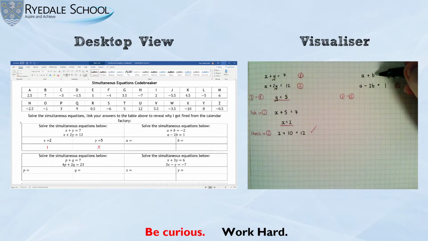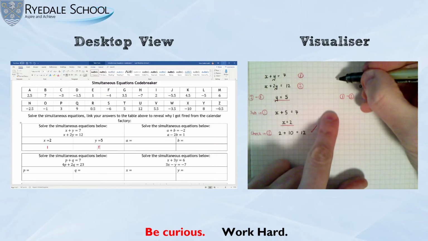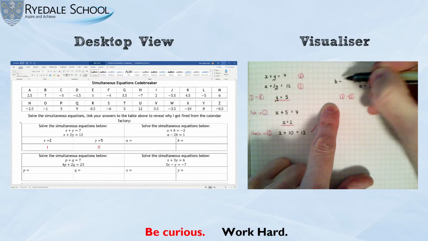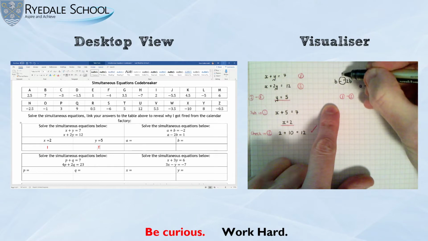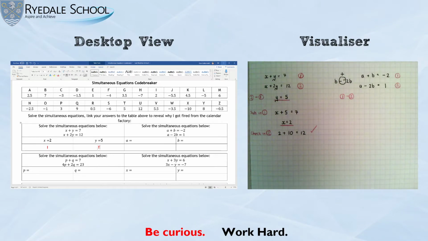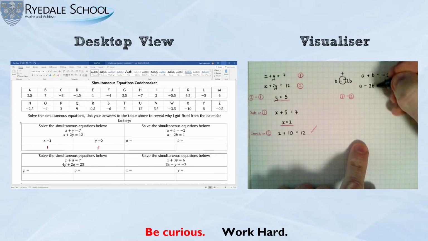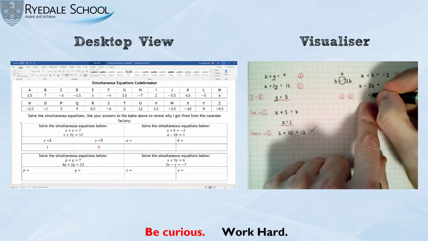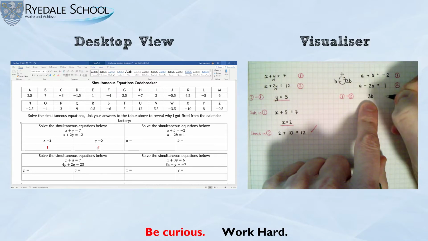So I am doing b take away negative 2b. Could even write it out if you wanted me to. I'm doing b take away negative 2b. And what you will hopefully recall, that when you subtract a negative, that is equivalent to adding. So when I subtract these two terms, this is actually 3b.